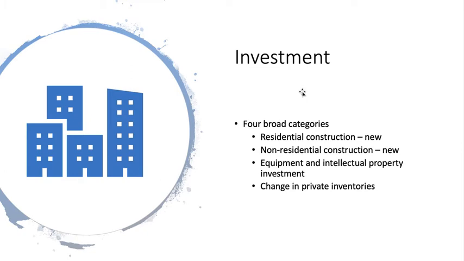The final category is what's known as change in private inventories. And this is firms that are manufacturing something. Let's say I'm a manufacturer of motor cars and I start off the year with $500 million worth of inventory.